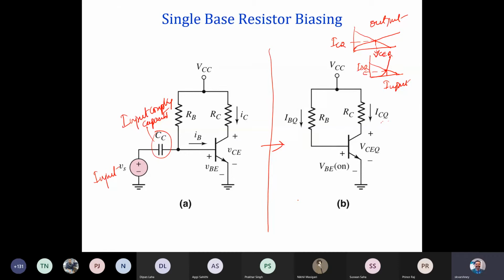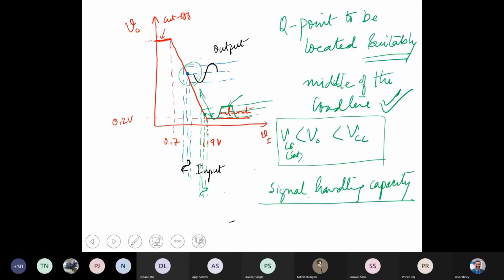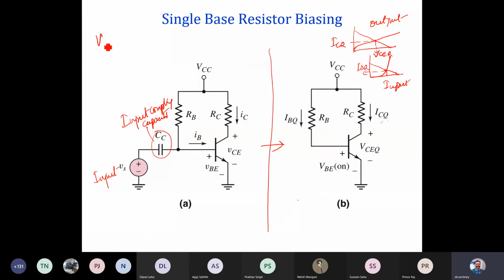The analysis remains the same as we do it. Let's work out an example. For the given parameters, let's say VCC is 12 volts, and VCEQ at the output, corresponding to the Q point, is 6 volts, ICQ is 1 milliampere, and beta is 100.